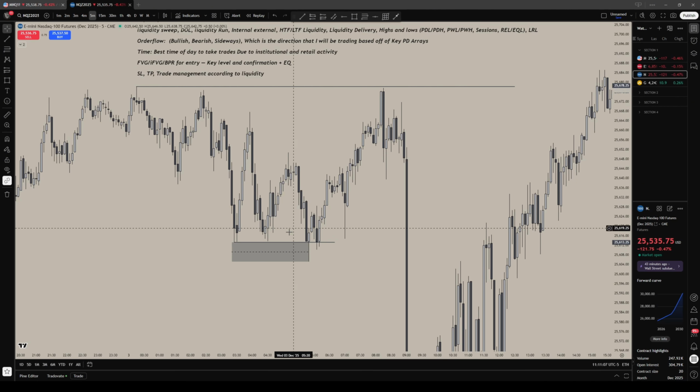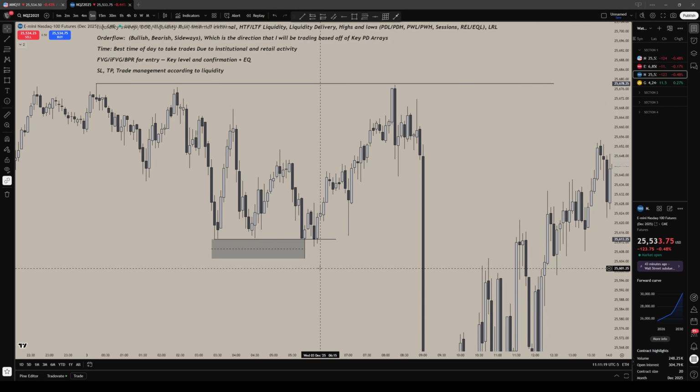When people buy here, they have sell stops, because when you're buying, to exit you have to place a sell order, and these are the sell stops. Now, what does that mean?